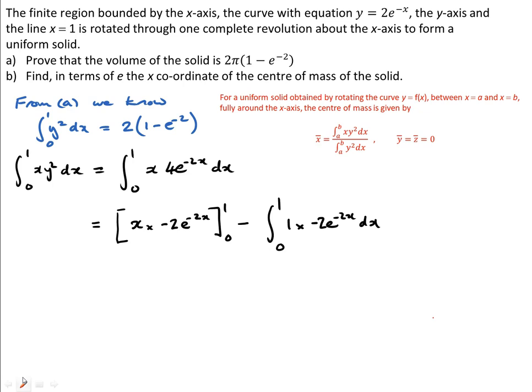Starting off, we'll leave the x alone and integrate the 4e to the minus 2x, so we've got x times minus 2e to the minus 2x. Then we need to take away the integral of the derivative of x, which is 1, times the integral of the 4e to the minus 2x, which is minus 2e to the minus 2x dx. So that's a standard integration by parts.